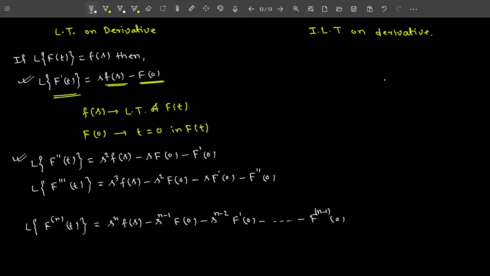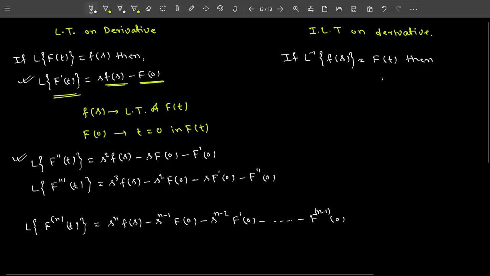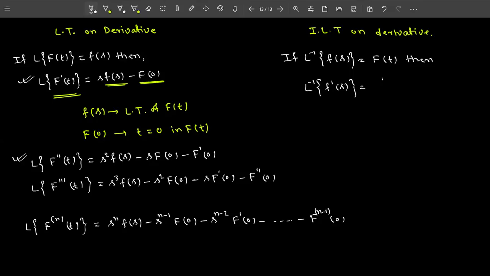In inverse Laplace transform, obviously if Laplace inverse of F(s) equals f(t), then Laplace inverse of F'(s) equals just minus t into f(t).